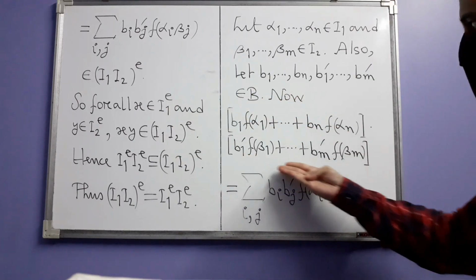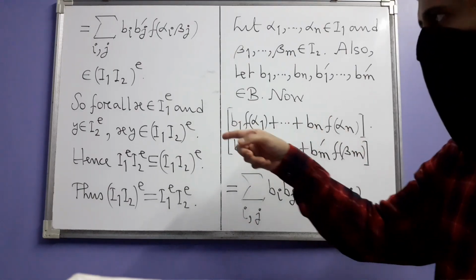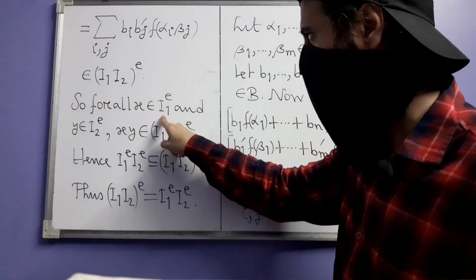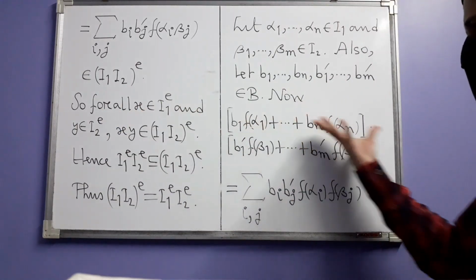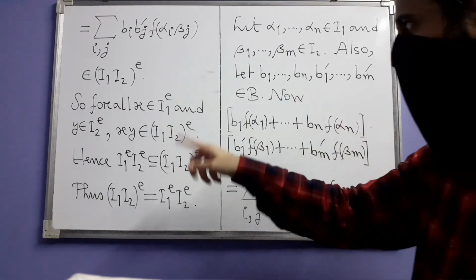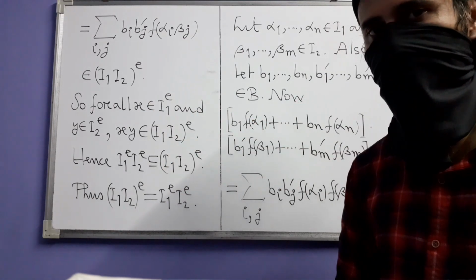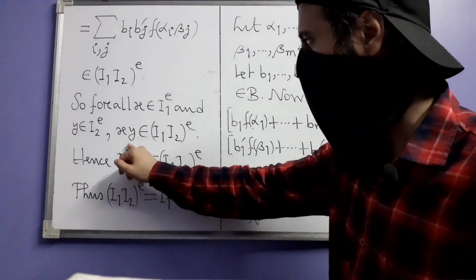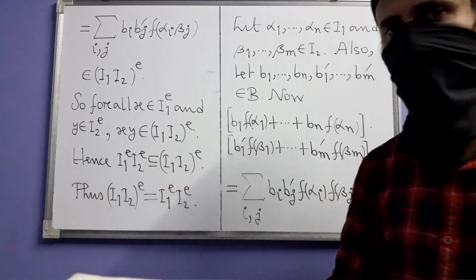Similarly, this is an arbitrary element of I2 extension. And that is why in the next line we write this. So for all x in I1 extension and y in I2 extension, x times y belongs to the extension of I1, I2. Right? And that's why I1 extension times I2 extension is a subset of this.